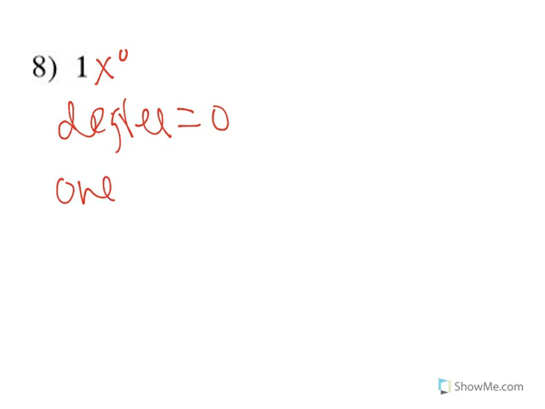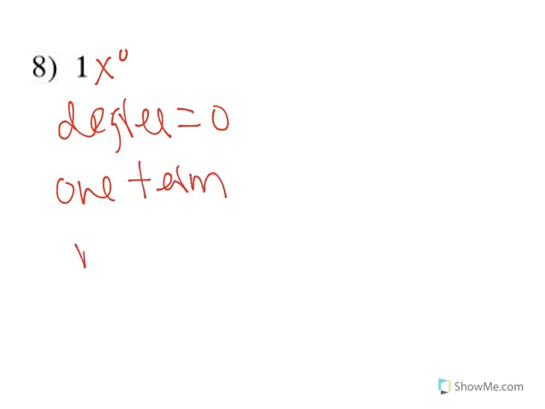Okay, example 8. Number 8, see that we have only a number 1. Okay, so imagine that there's an x to the 0 power here. Right? So x to the 0 power, so the degree is a 0, and we have 1 term.